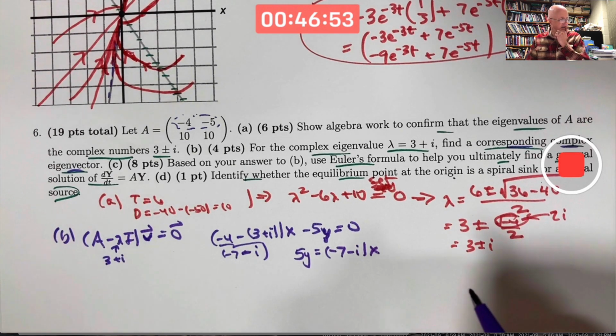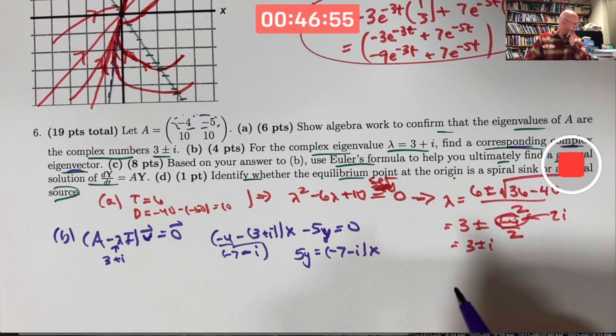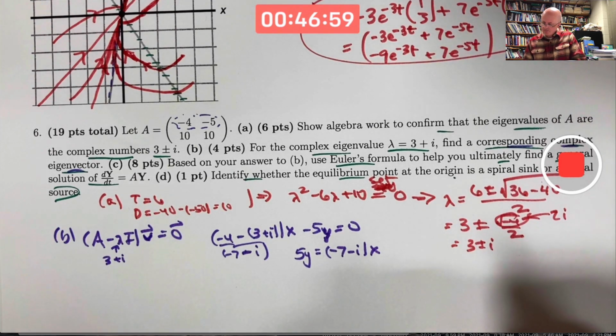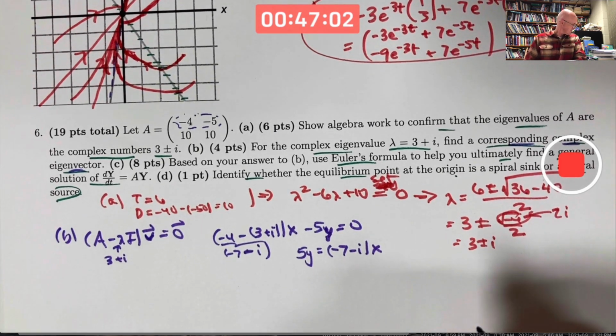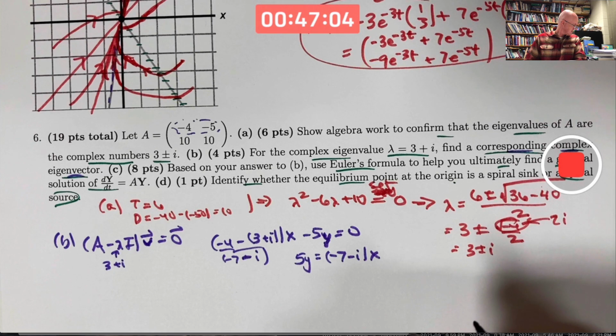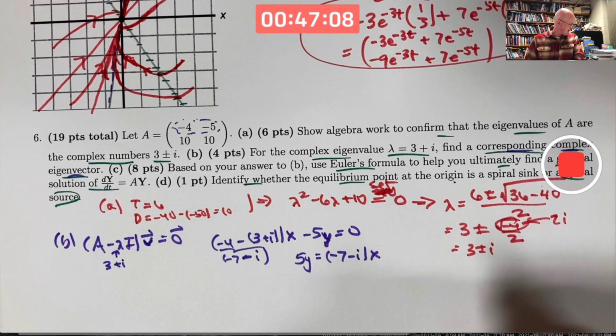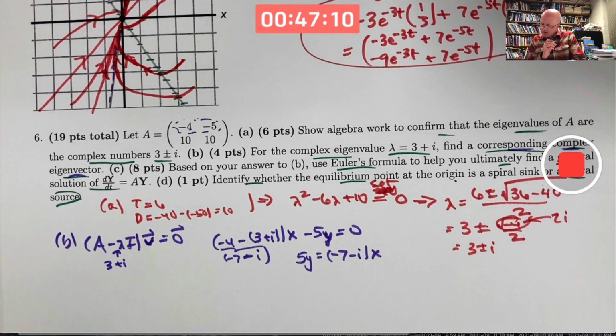I was thinking I got a different answer when I thought about this before. Checking my work here. Okay, I'm wondering if I made a mistake here, but I think maybe I made a mistake when I did it before, actually.